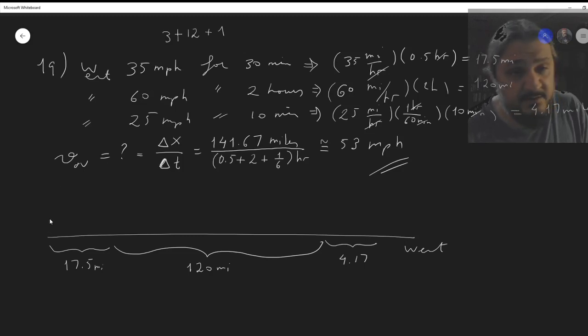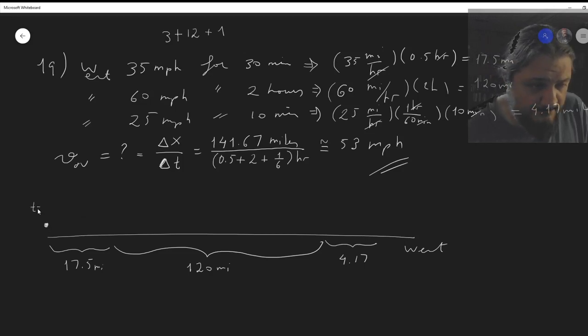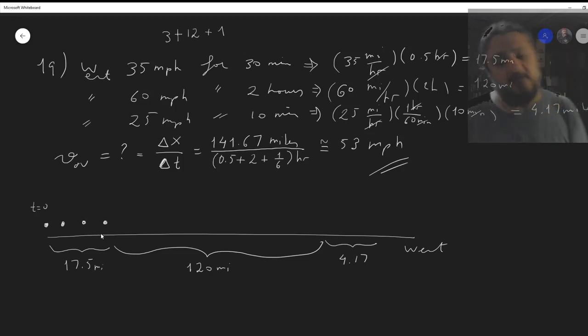Alright? Now the first 3. Okay, so I have 3 intervals. I have to be careful here. So this is time 0. Alright, so it's constant speed, so I can use equal intervals. But I will have 30 minutes. So this is after 10 minutes, this is after 20 minutes, this is after 30 minutes.